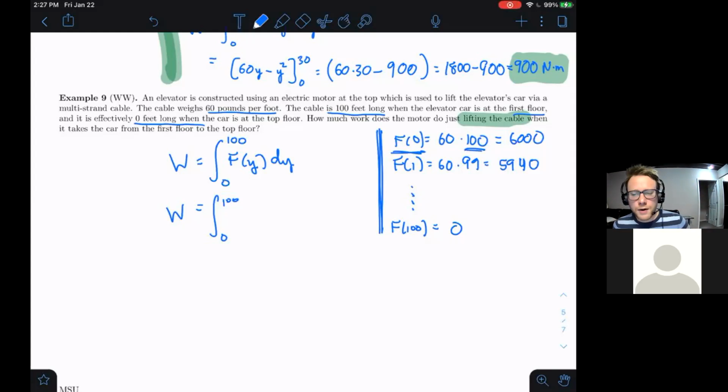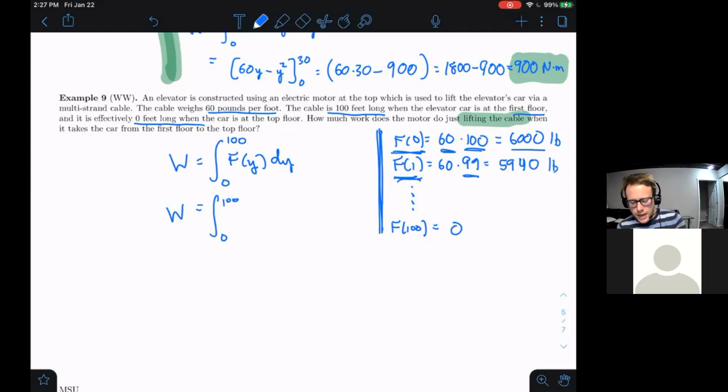And it's 60 pounds per foot. So 60 pounds per foot, that's the 60 there, 100 feet long. So this is 6,000 pounds. That's the unit there. That's the weight, the force that's being applied. And of course, when you've lifted it up by 1 foot, then you only have 99 feet hanging in the elevator shaft, right? And the other cable is coiled, hopefully on a roll or something like this.